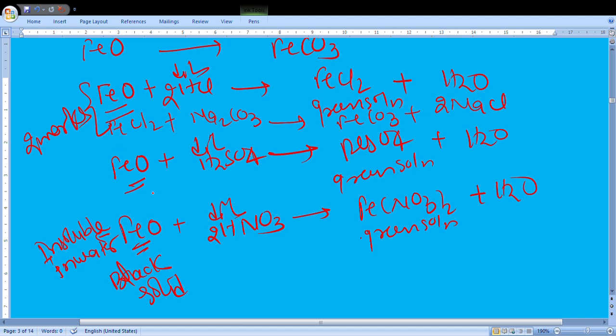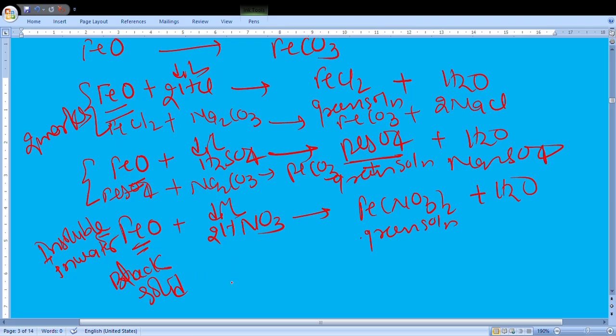Second, you have prepared FeSO4. So FeSO4 aqueous, Na2CO3 aqueous, gives FeCO3 plus Na2SO4. So this is again of 2 marks.